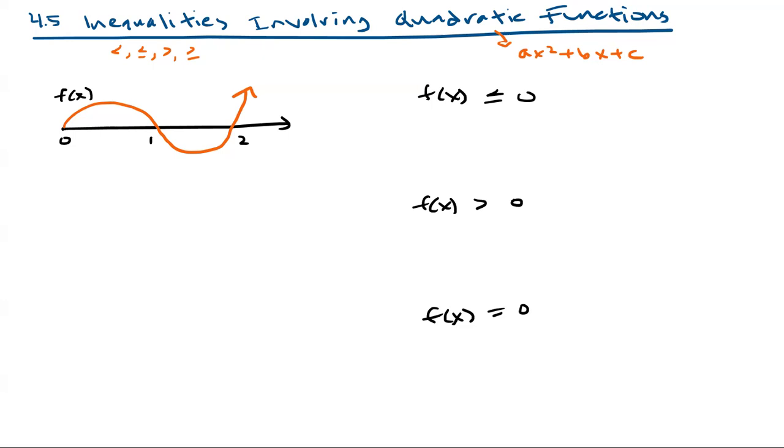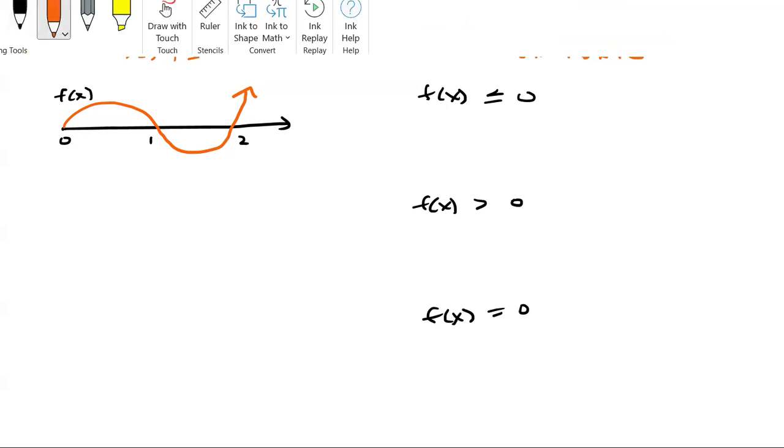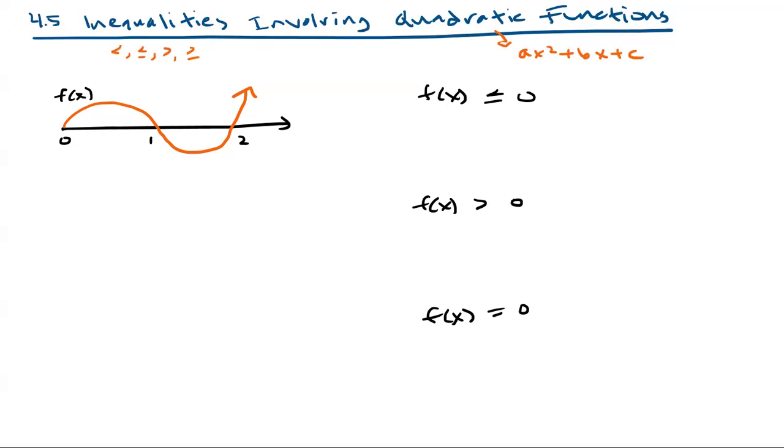But in this case, when it deals with the quadratic, it is talking about above or below or at, okay? So when you have less than or equal to, this is talking about below. When you have greater than, that means it's talking about above. And then at equals, that means it's talking about at that value.